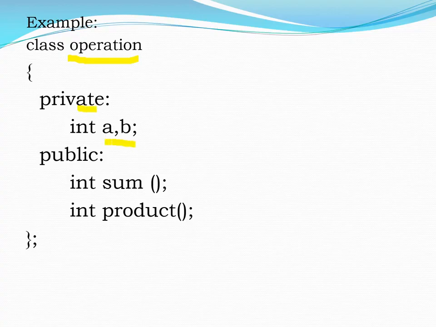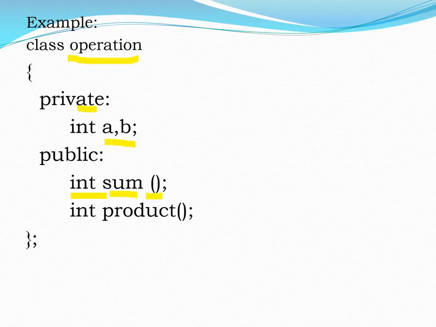Once I declare the data members, I'm going to create the member functions. Just observe the member functions here. As I told you, we declare them like a normal function inside the class: a return type followed by the member function name.